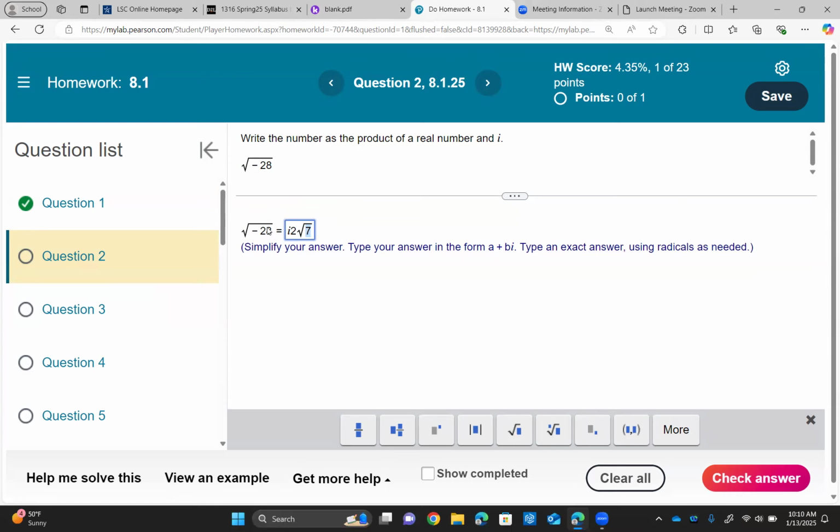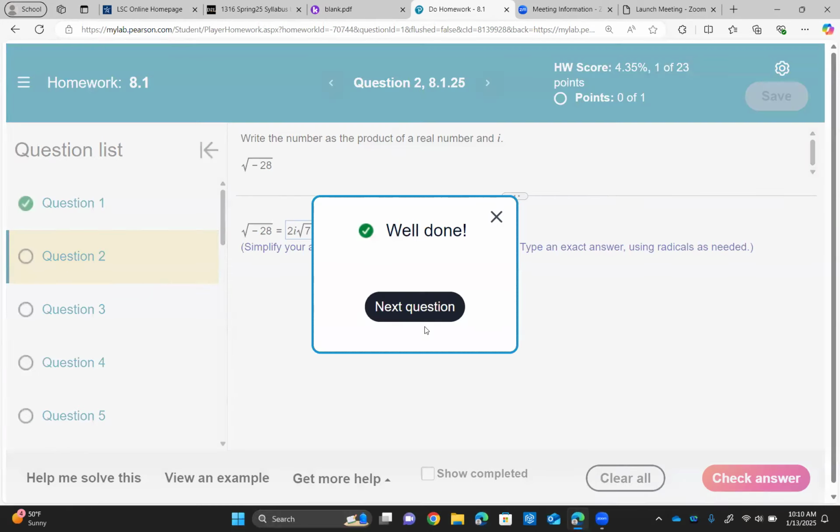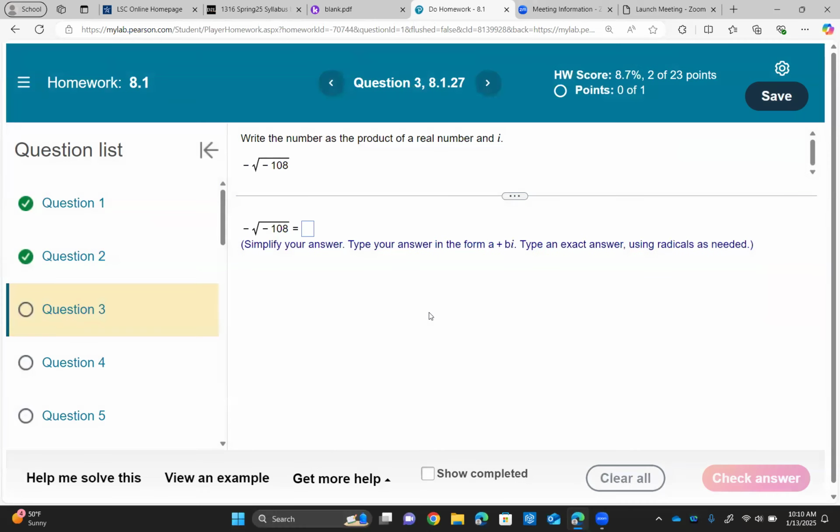Again, how did I get this? 28 is 4 times 7. 4 goes outside as 2, and 7 inside the radical. You can definitely leave your answer like this, or the better way to express this answer is we like to keep the 2 at the beginning and i in the middle and the radical at the end. So this is how I can give my answer to number 2.